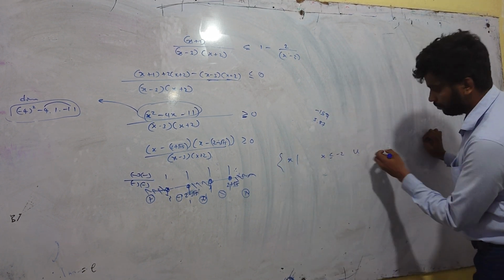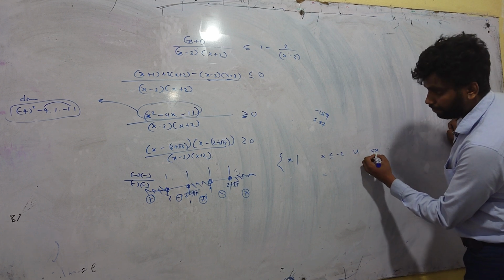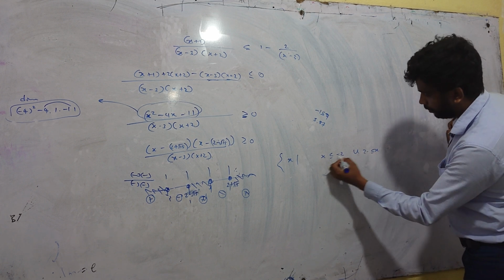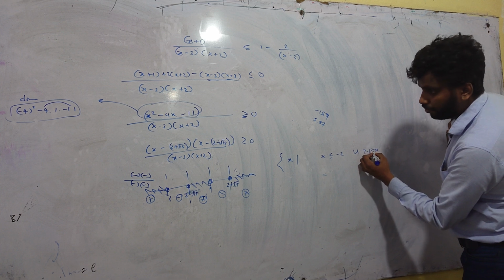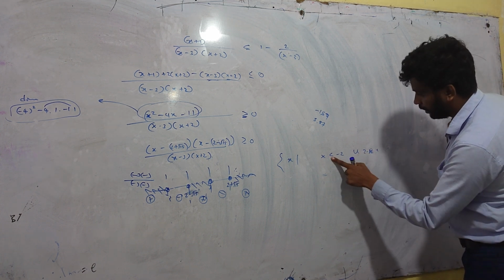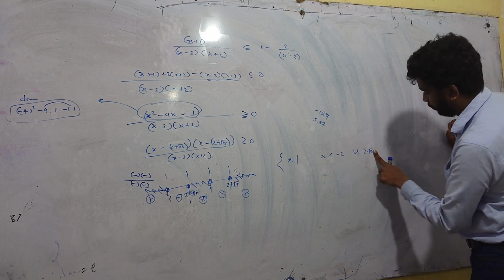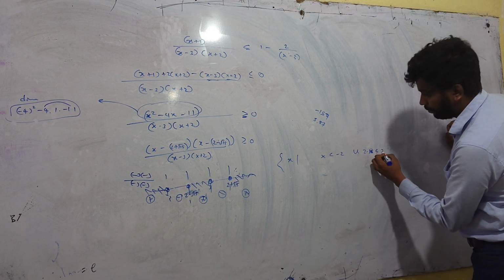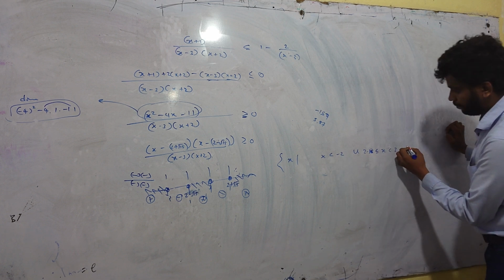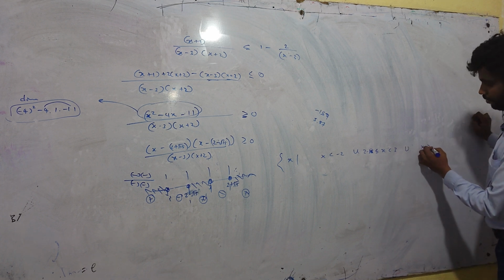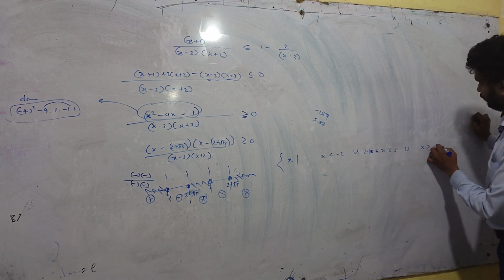It can be equal to minus 2. Yeah, it can be. But here that won't be equal to minus 2, right? The right union.